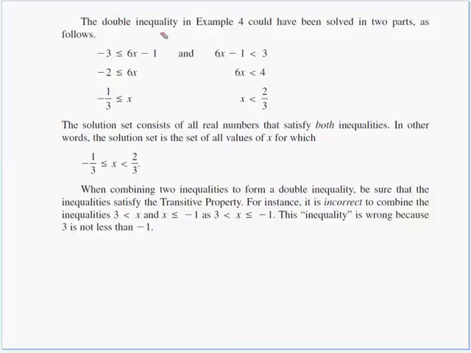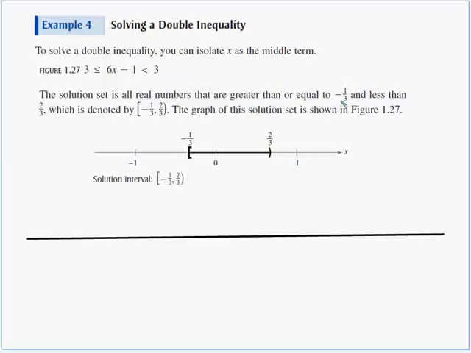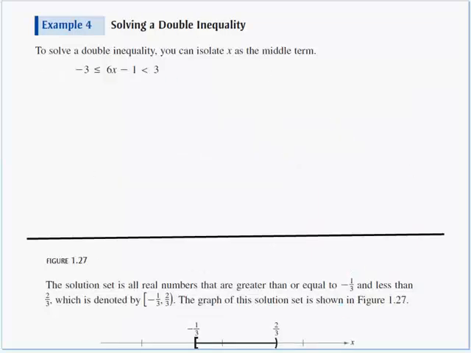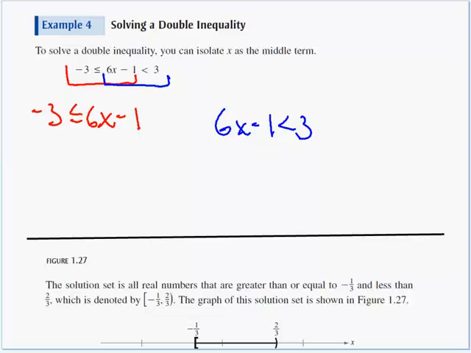That double inequality in the previous example, you could break that into two separate parts. You could just look at this piece and come up with negative 3 is less than or equal to 6x minus 1. And also look at this piece: 6x minus 1 is less than 3. That's what they're doing right here.